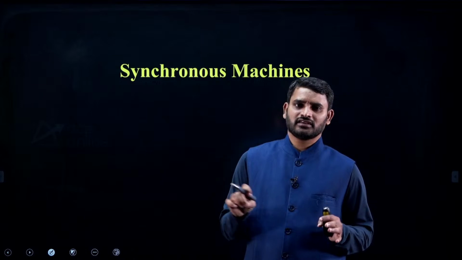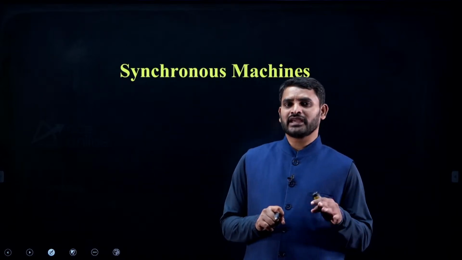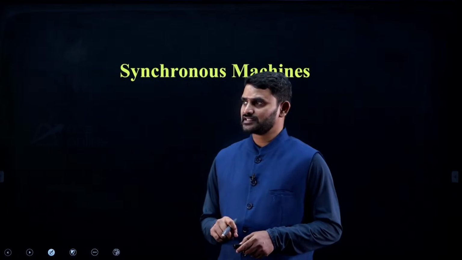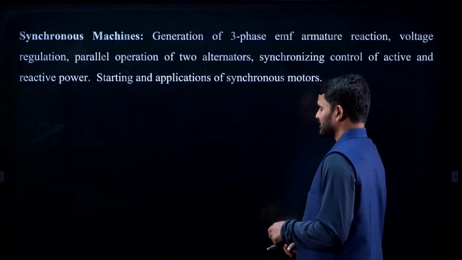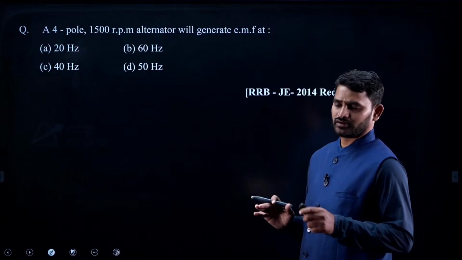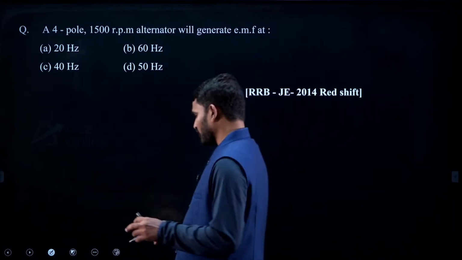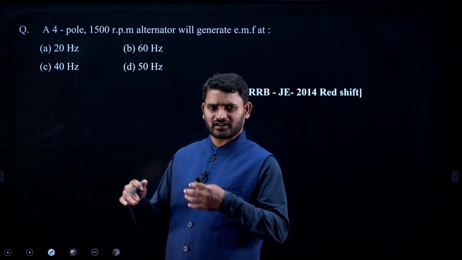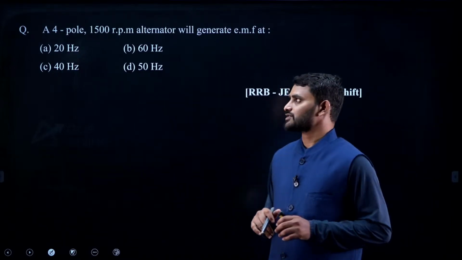They are touching each and every area. So you will be getting at least one question in the synchronous machines. That's the reason why I am not taking any particular topic here. I will take up the questions directly. These are very popular, frequently asked questions.